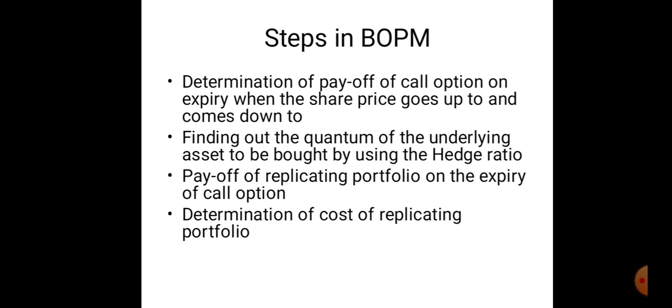Next, finding the quantum of the underlying asset to be bought using the hedge ratio, that is how many shares are to be bought and how many hedged when the lot size is given. Next, the payoff of the replicating portfolio on the expiry of the call option. And the last step is the determination of the cost of the replicating portfolio.